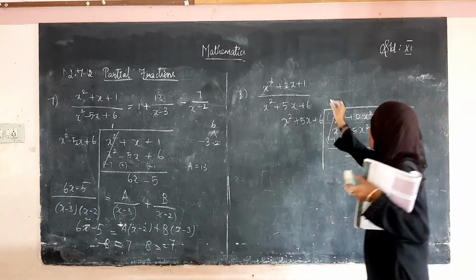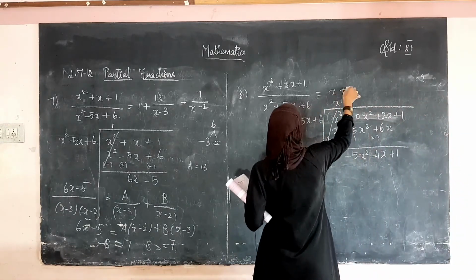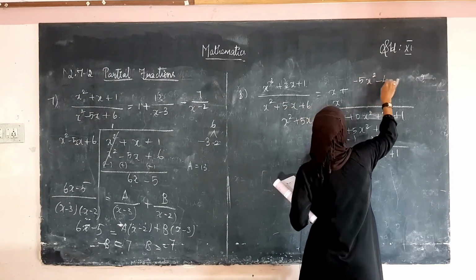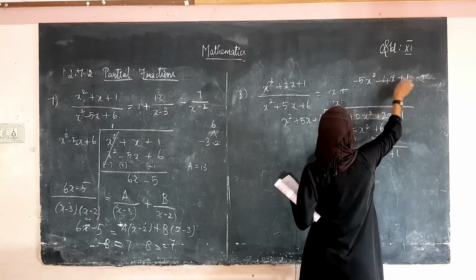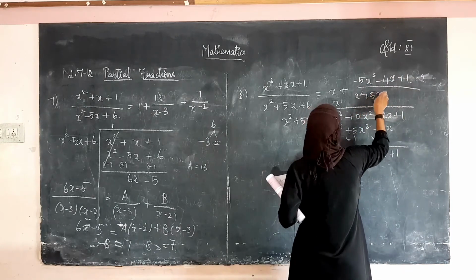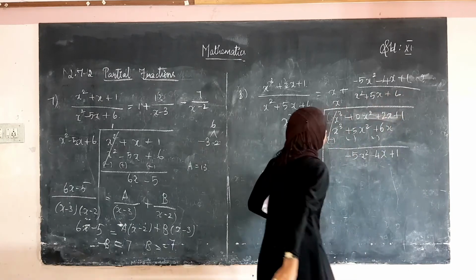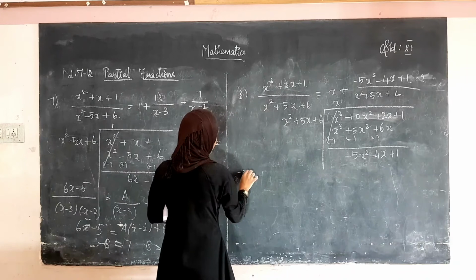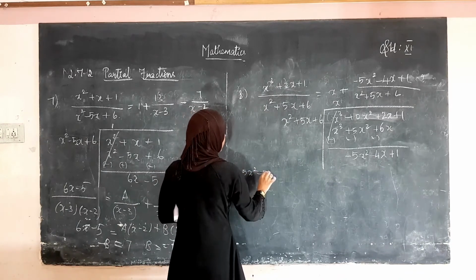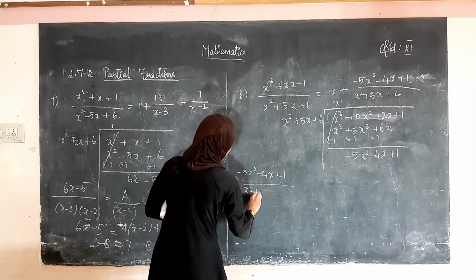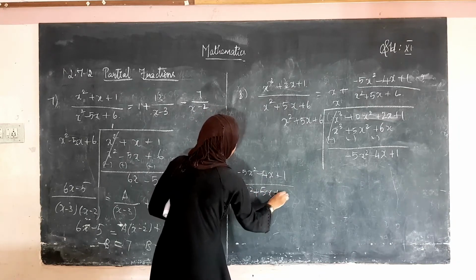So this will be resolved as x plus minus 5x squared minus 4x plus 1 divided by x squared plus 5x plus 6. Okay, now we have to resolve that. Minus 5x squared minus 4x plus 1 divided by x squared plus 5x plus 6.